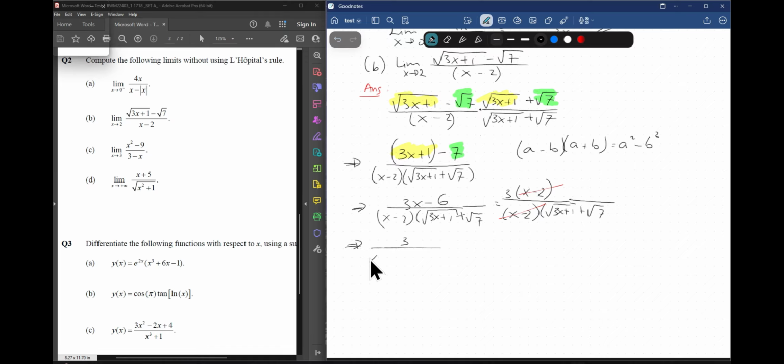3 all over square root of 3x plus 1 plus square root 7.